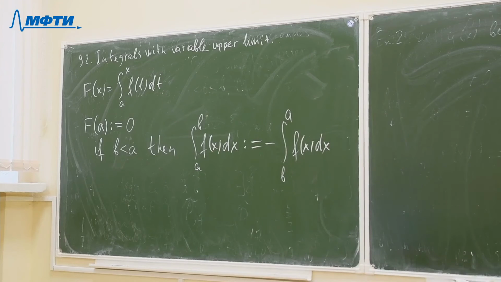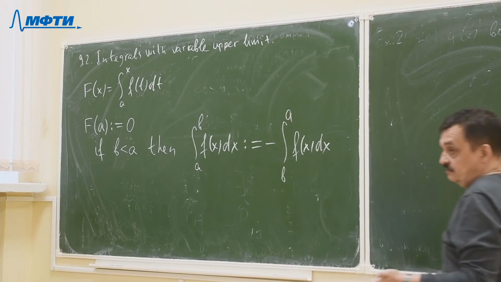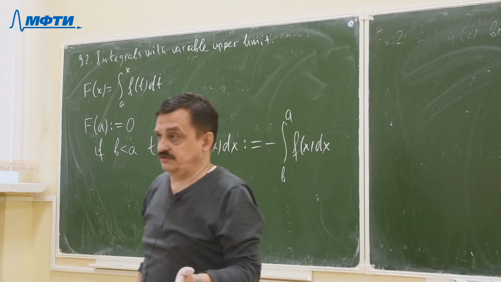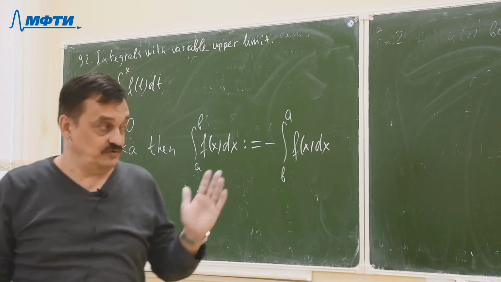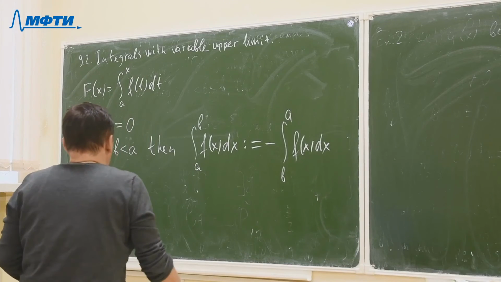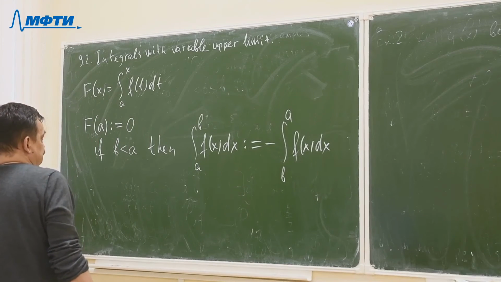So if we have the wrong order of limits of integration, right, then no problem. Just put a minus and consider the limits of integration in the correct order. So no problem. Okay, these are extra suppositions.